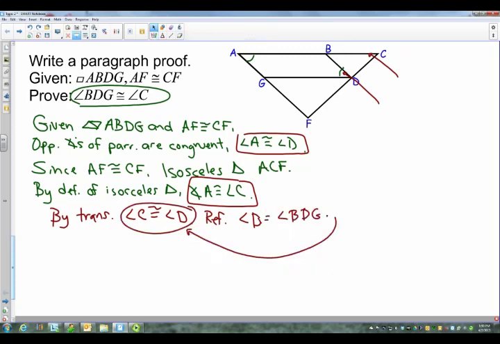Alright, so that's one of the ways that you can work through these. Like any proof, just start working through, make sure you're following any theorem, any definition, any postulate that you can show actually holds those truths, and then try to get to your question that you're trying to prove.